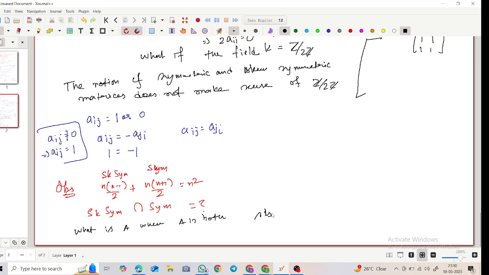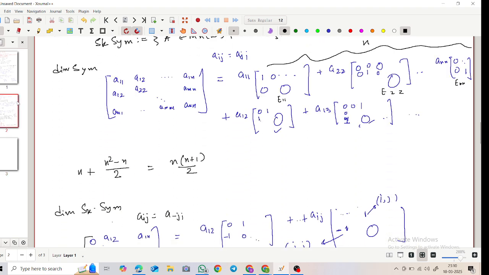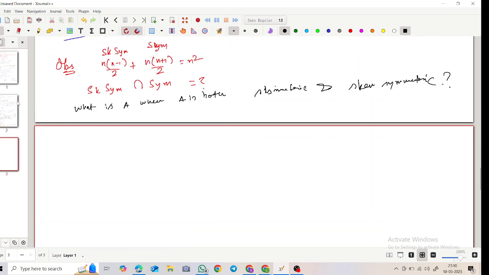Trivial matrix. So you see that this is basically the singleton 0, isn't it? So these are two subspaces which have no intersection.